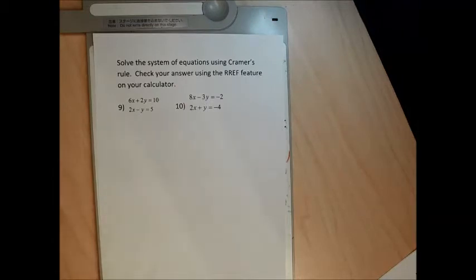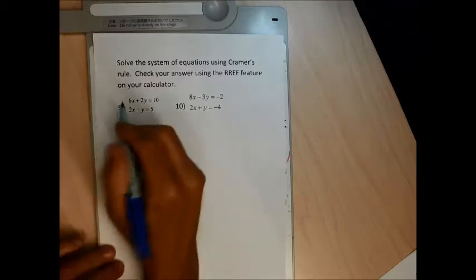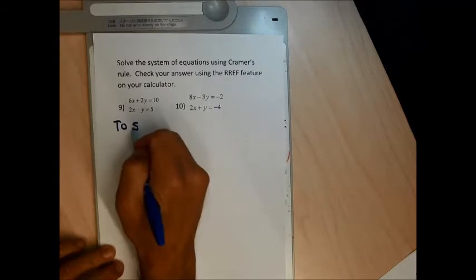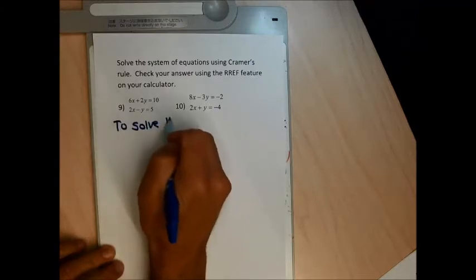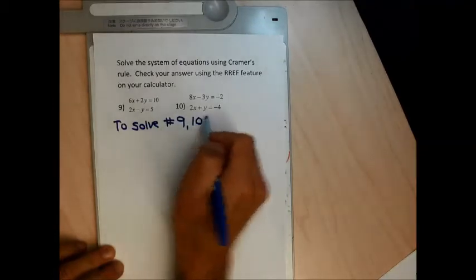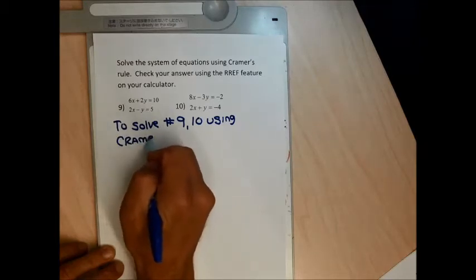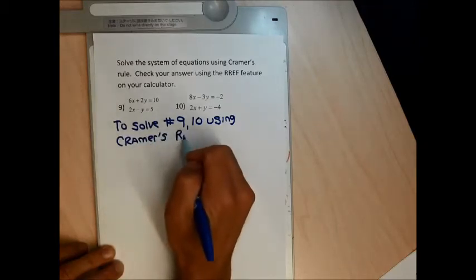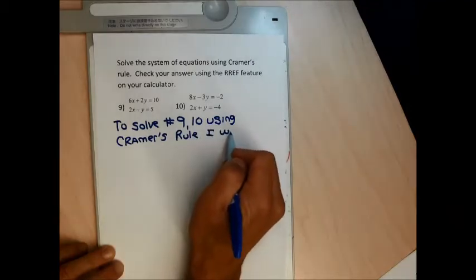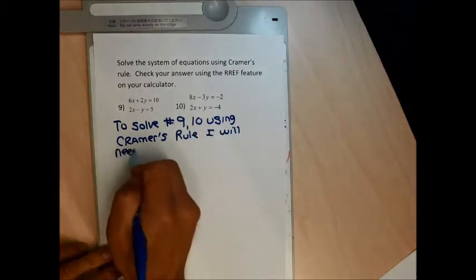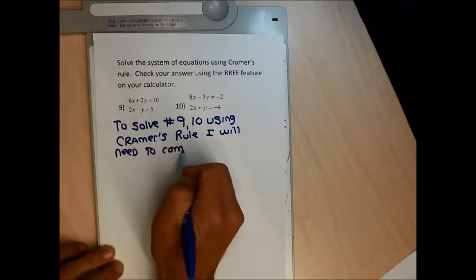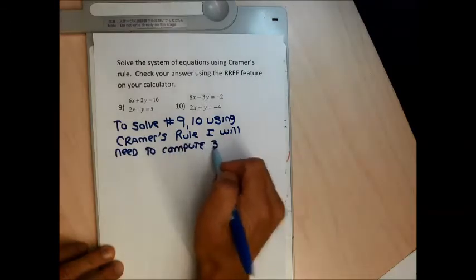Cramer's rule involves computing determinants to solve systems of equations, and you always get one more determinant than there are letters. So to use numbers 9 and 10 using Cramer's rule, which is a strategy to use determinants to solve systems of equations, I will need to compute 3 determinants.